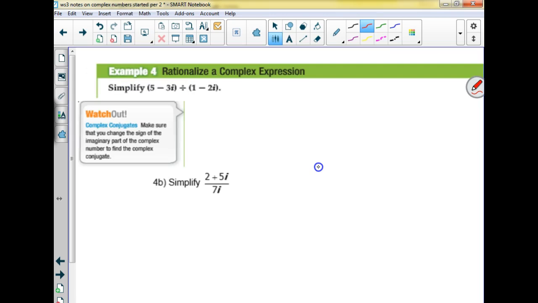All right. So this example right here says 5 minus 3i is being divided by 1 minus 2i. I don't know why it's written like divide, but it's not on the quiz. It's written like this. What's wrong with this? Why isn't this a perfectly fine answer? Can't have an i in the denominator because it's really a radical.